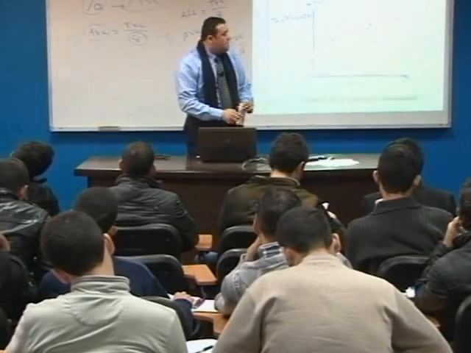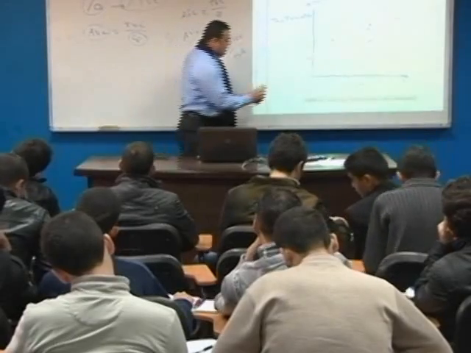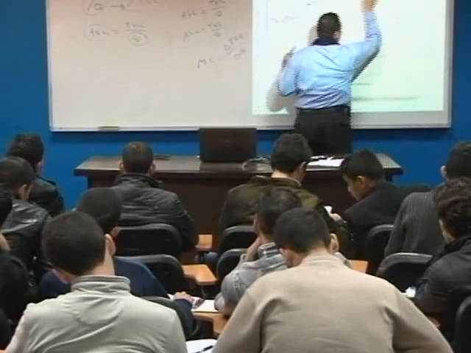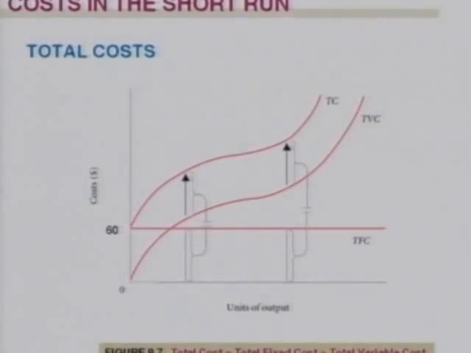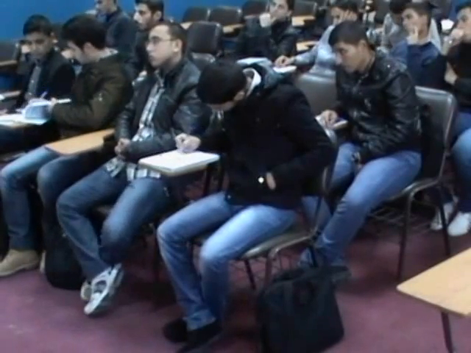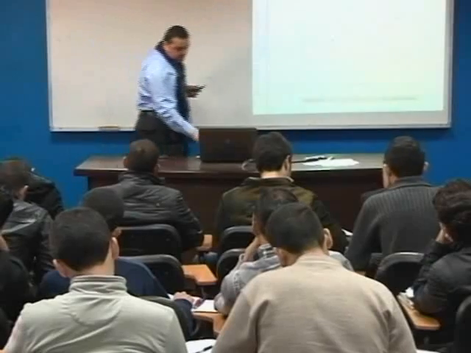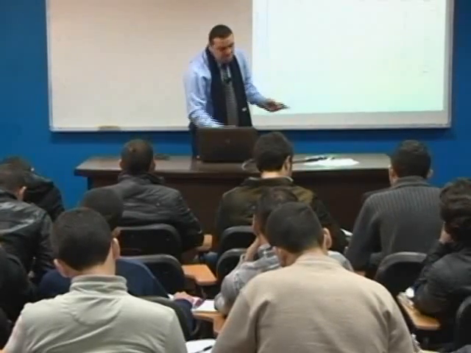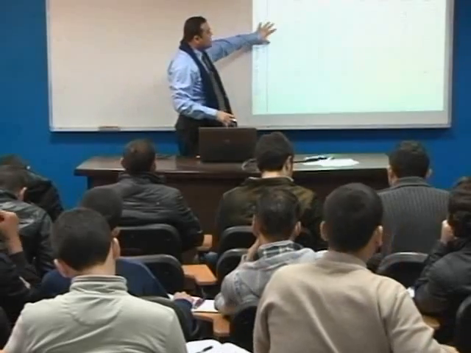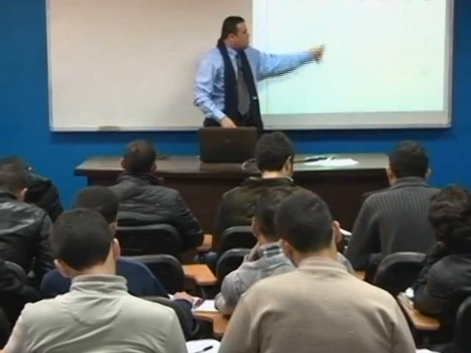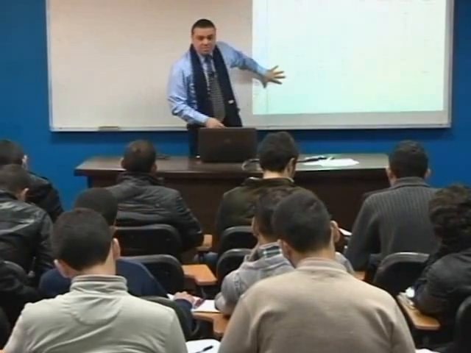Let's draw the relationship between average variable cost, average fixed cost, and marginal cost, and explain the relationship between these curves. As we mentioned, we analyzed the relationship between total fixed cost, total variable cost, total cost, and quantity, right?